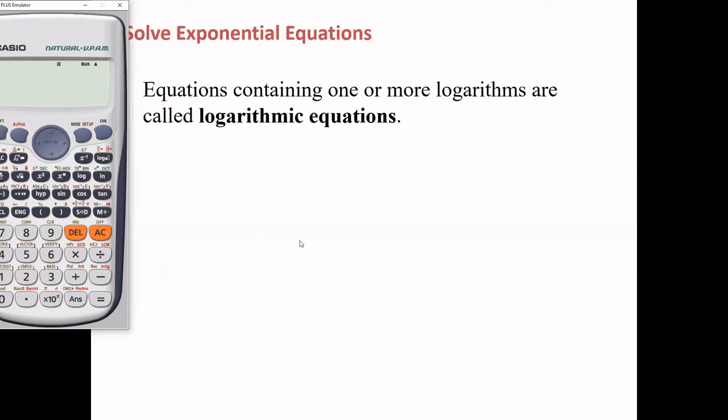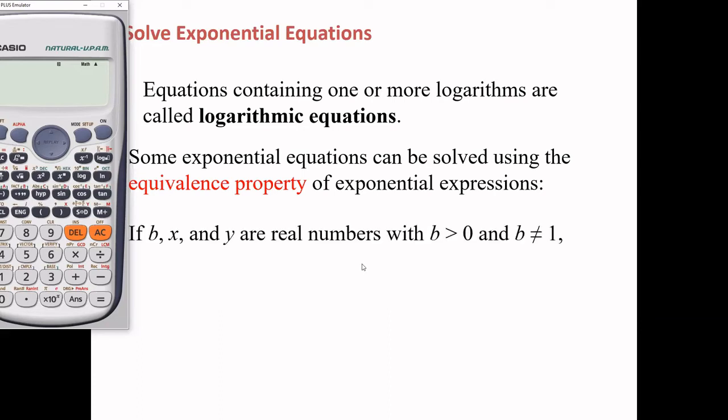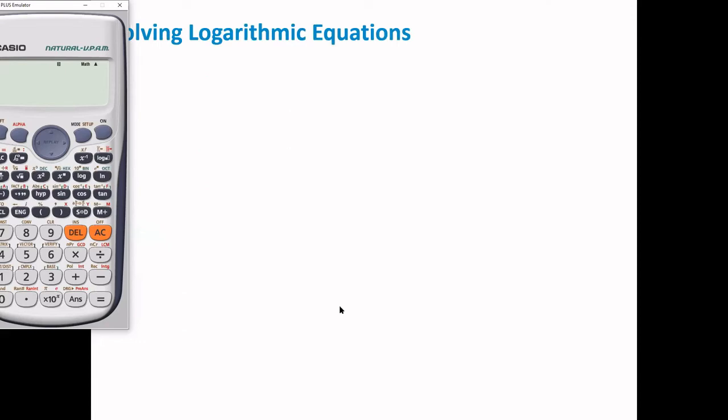Okay. Logarithmic equations. Some exponential equations can be solved using the equivalence property. Here's what it is. Then if b to the x equals b to the y, x equals y, this is something we did before. Okay. This is the one we had where like 5 to the third equals 125, because 125 is 5 to the third, so it's the same value.